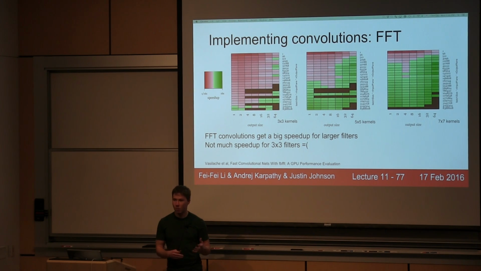When you're working with small 3x3 filters, the overhead of computing the Fourier transform just dwarfs the computation of doing it directly in the input pixel space. And as we talked about earlier in the lecture, those small convolutions are really nice and appealing for lots of reasons. So it's a bit of a shame that this Fourier trick doesn't work out too well in practice. But if for some reason you do want to compute really large convolutions, then this is something you can try.